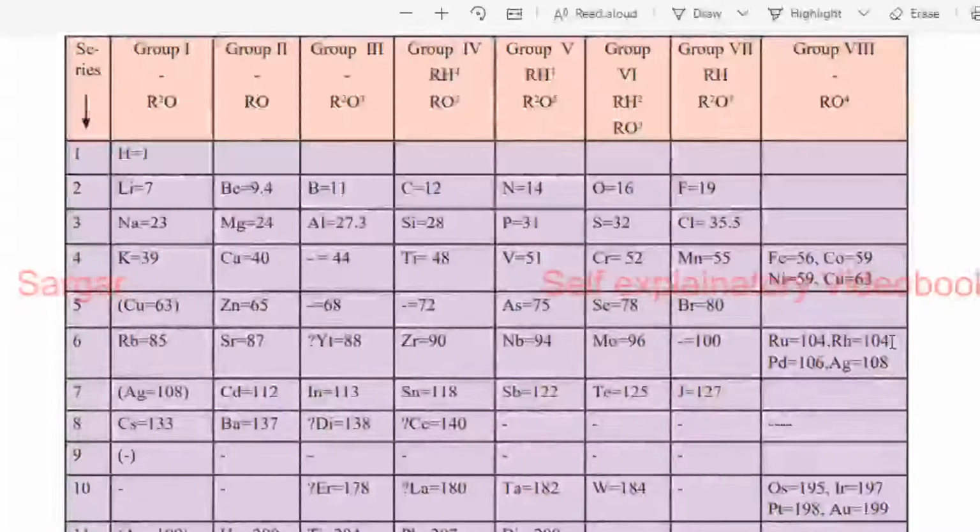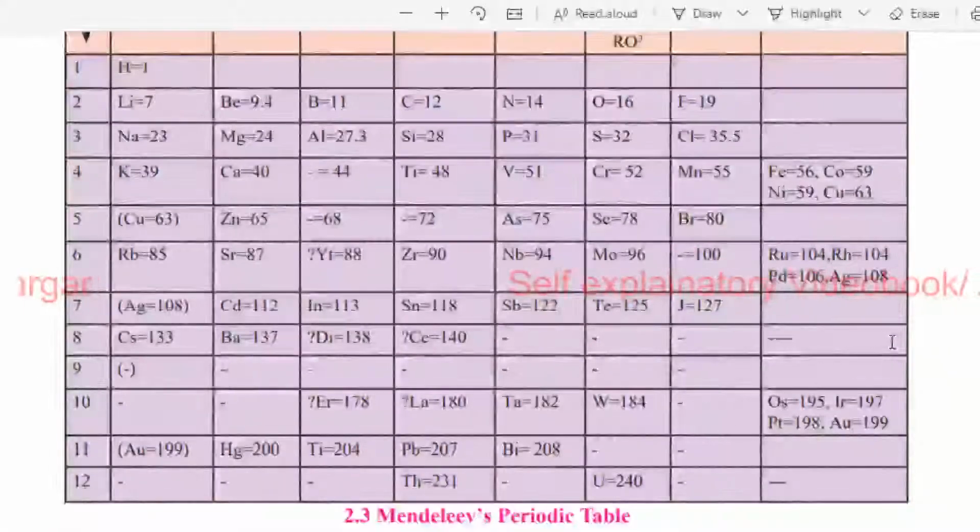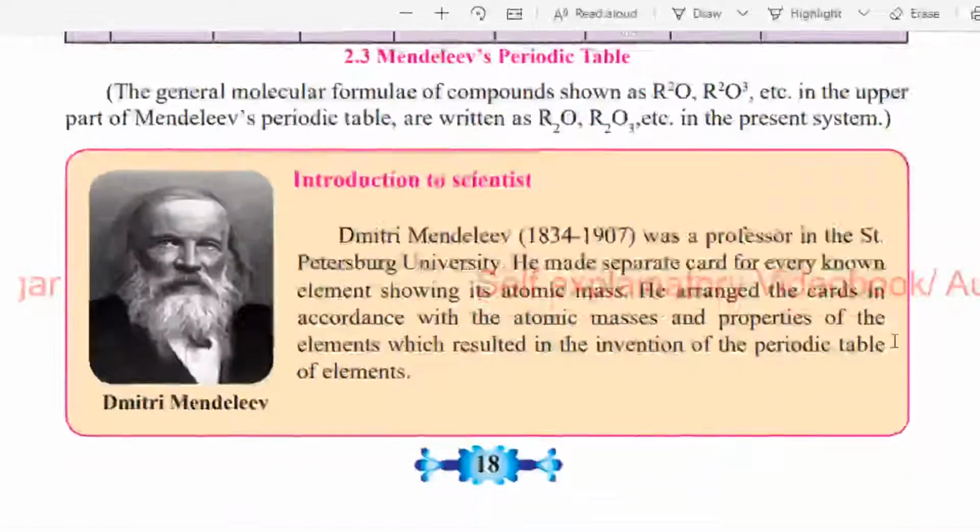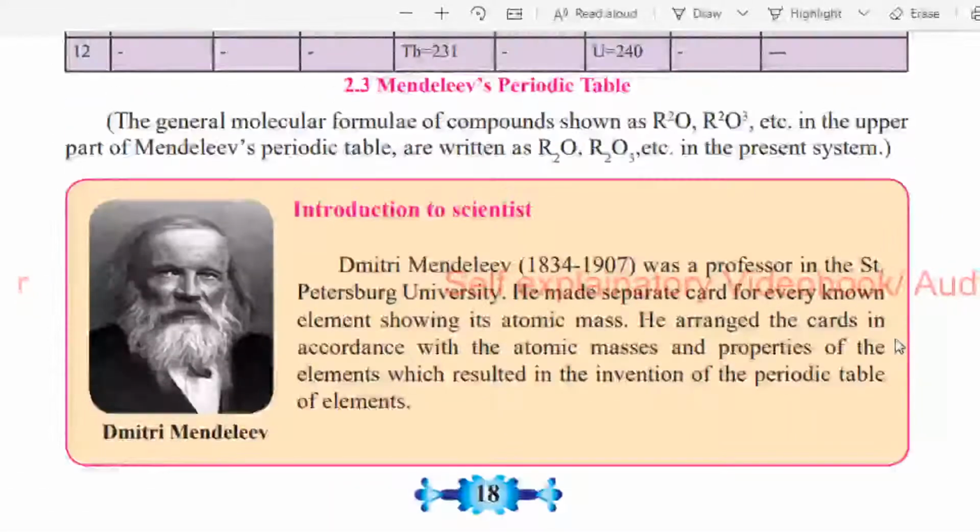Also, the series in horizontal rows 1 to 12. The general molecular formulae of compounds shown as R2O, R2O3, etc. in the upper part of Mendeleev's periodic table are written as R2O, R2O3, etc. in the present system.